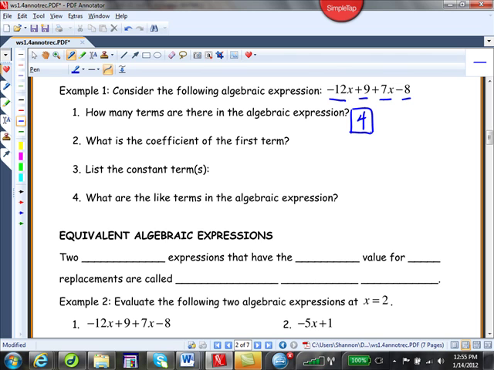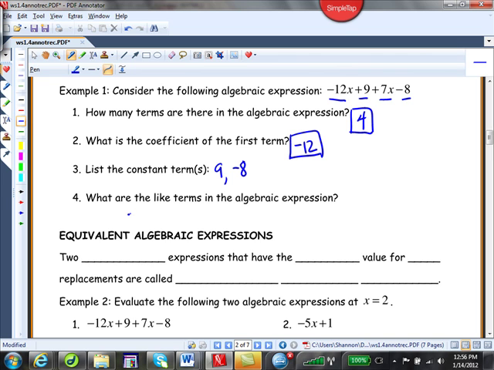Good, it's -12. Which terms are the constant terms? Got 9 and, don't forget the minus, it got -8. What are the like terms in the algebraic expression?